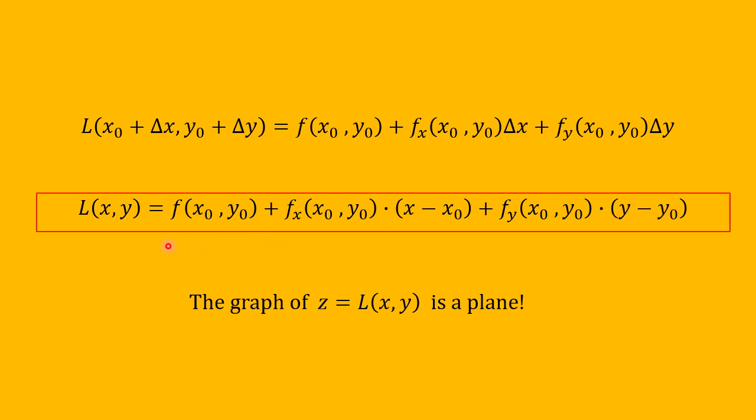So in that case, we can say that L(x, y) is going to be f(x0, y0) plus the partial of f with respect to x at (x0, y0) times (x minus x0) plus the partial of f with respect to y at (x0, y0) times (y minus y0). So the graph of z equals L(x, y) is a plane.